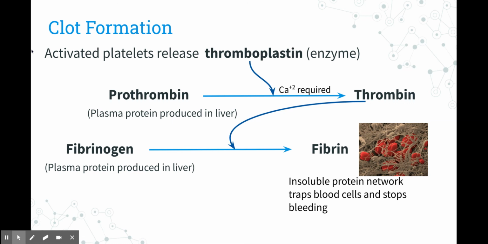A coenzyme is needed here as well, the calcium ion. Now, thrombin has an activating effect on another plasma protein called fibrinogen. Fibrinogen becomes fibrin, and that's the actual protein network that forms the scab itself. It traps blood cells and stops the bleeding.